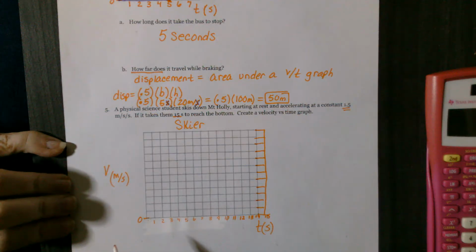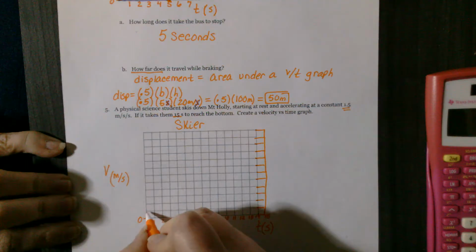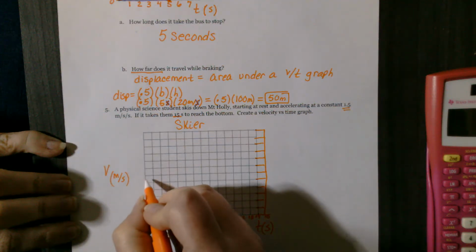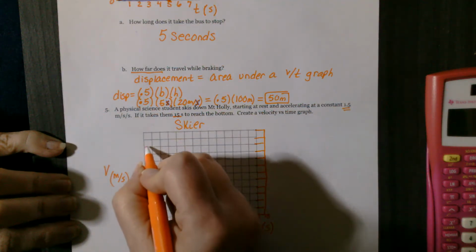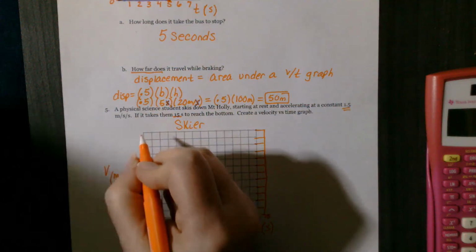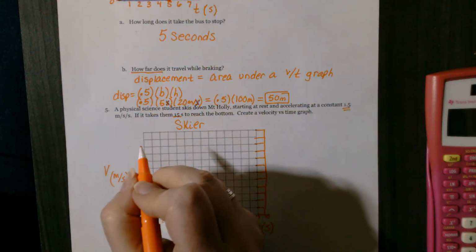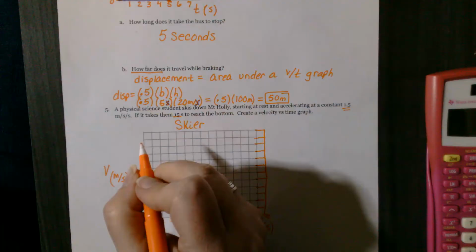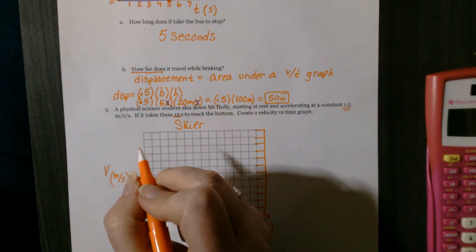Let's see, to go up here: 1, 2, 3, 4, 5, 6, 7, 8, 9, 10, 11, 12. That is not nearly enough because we need to get up to around 20.